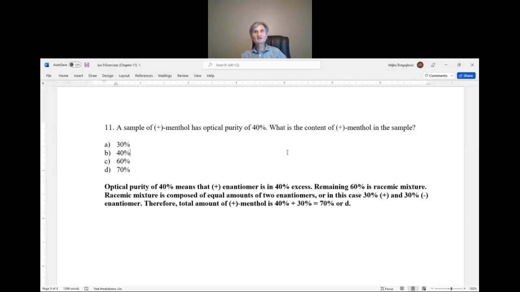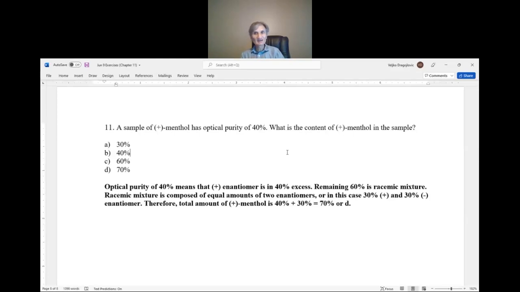And since they are 50-50, they will completely compensate each other, and there will be no net overall rotation. That's a racemic mixture. So a racemic mixture is a mixture of 50% of the plus and 50% of the minus enantiomer. So it's a mixture of equal amounts of the two enantiomers.